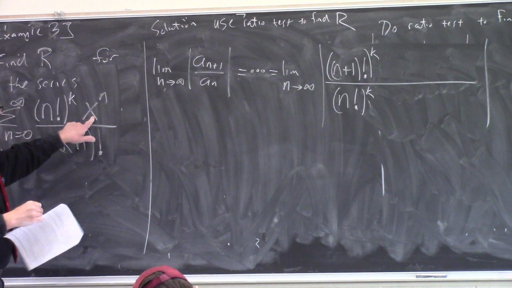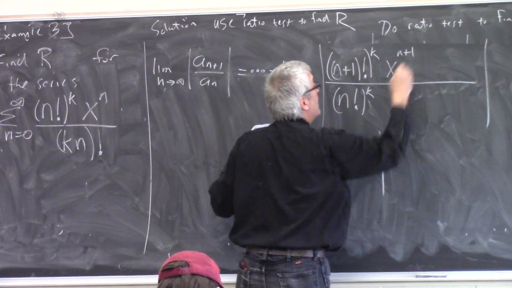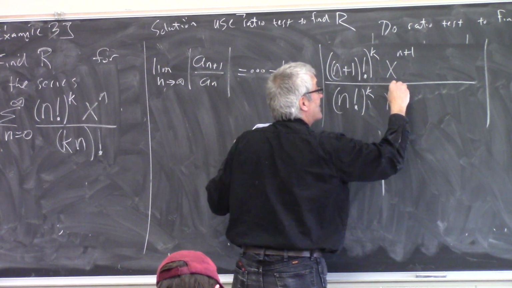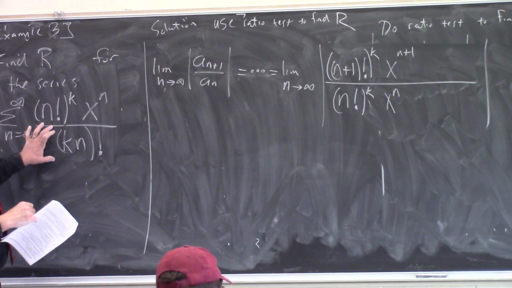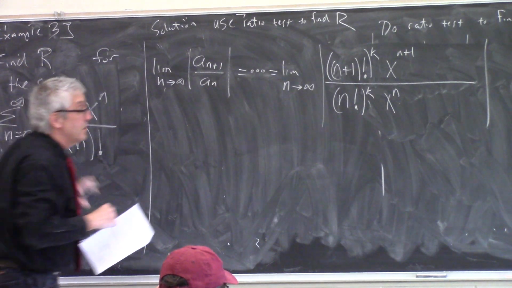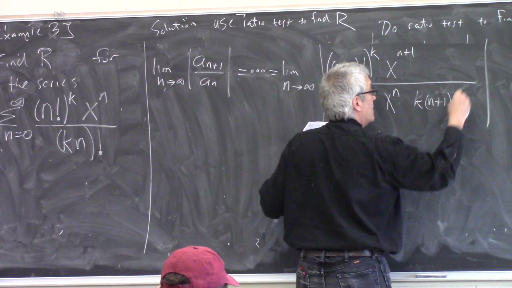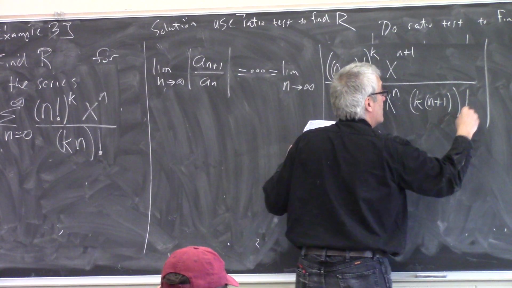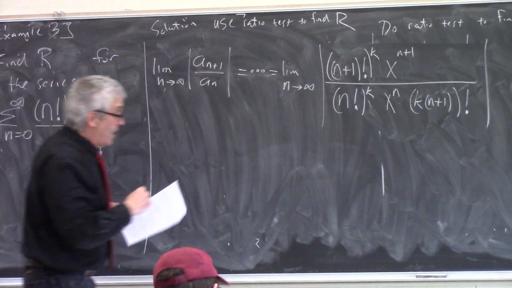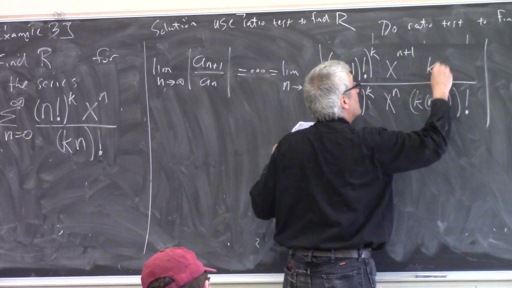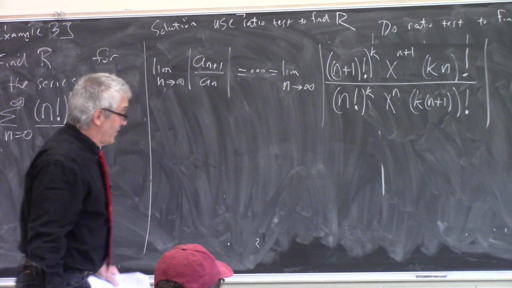Then I'm going to have x to the n plus 1 on top and x to the n on bottom. And then one of these with an n plus 1 on bottom, and one with an n on top. So again, that's after the various rearranging.